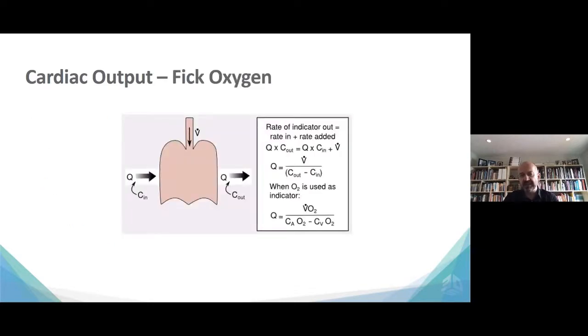Fick is very nice because it really measures saturation in the arterial blood and saturation in the pulmonary artery. The only way you can really get the pulmonary artery saturation is if you have a catheter there to sample the blood. The formulas are a little bit beyond this webinar.